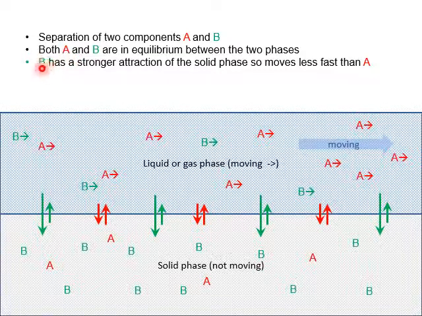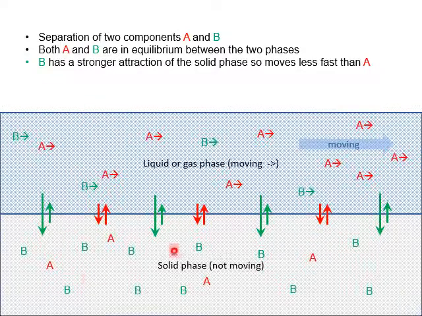But B has a stronger attraction to the solid phase, so it moves more slowly than A. As A and B are moving through the mobile phase, more of B is going to start getting attached to the immobile phase.